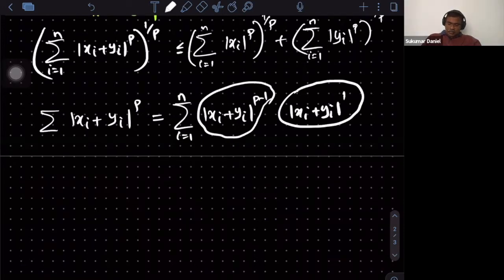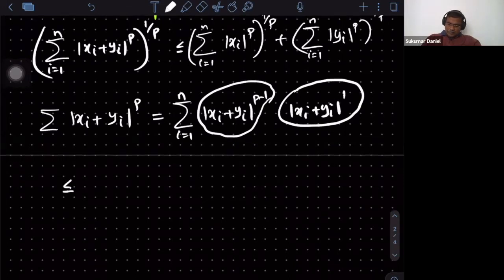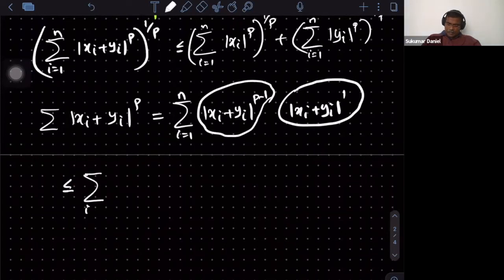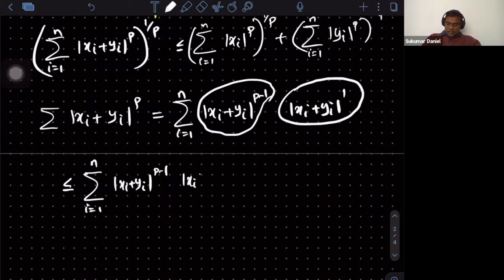Maybe. So all that I do is that from here I can write this is less than or equal to, for want of space I am writing here, this is same as for p minus 1. And this I can write with the inequality as mod xi. I am using the triangle inequality of real numbers. This I can do, and I can actually write it split into parts.